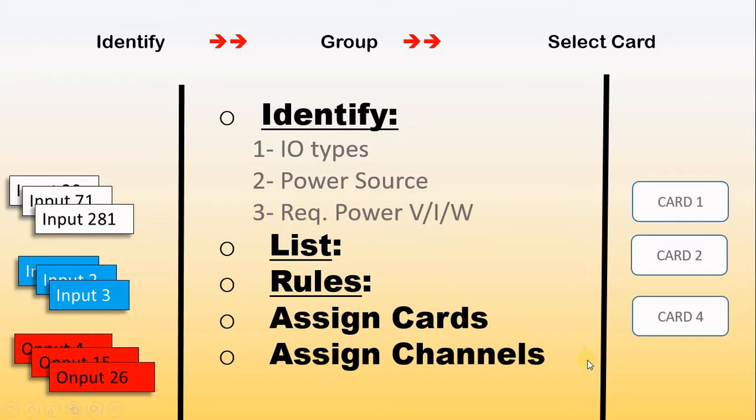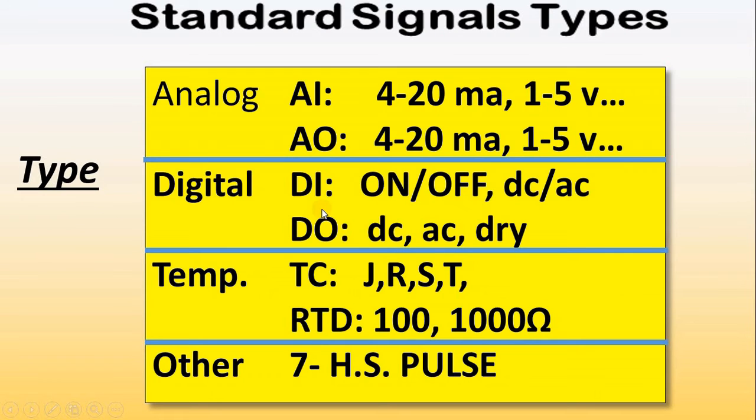Then we can assign the card. Of course, we have to find the card which matches those groups, each one matching one group, and then we can assign cards to a group, and then we assign channels in the cards.